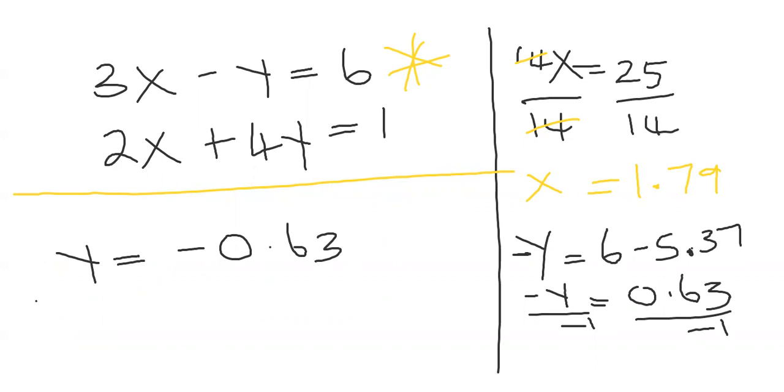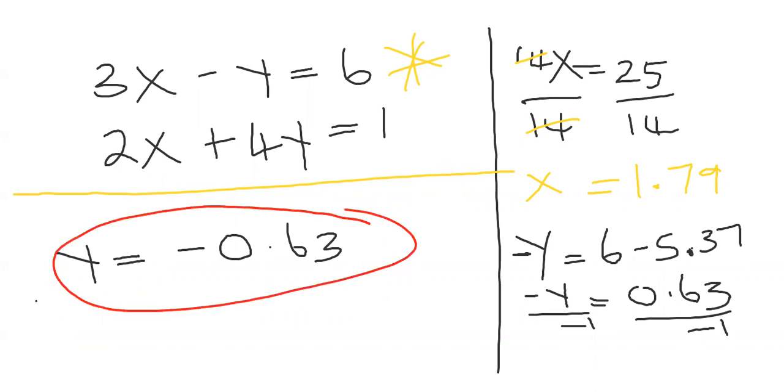So those are your two answers. Your y equals -0.63 and your x equals 1.79. So remember what I said, every simultaneous equation should give you two answers for the variables that you have in your equations.